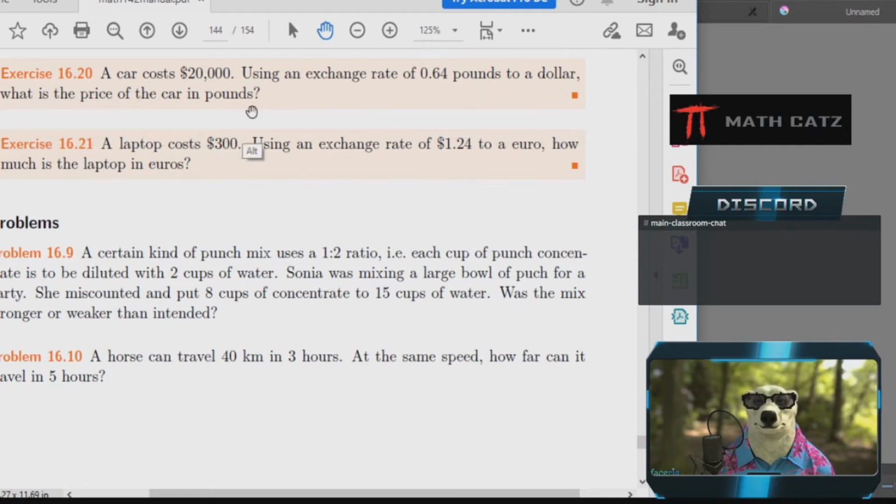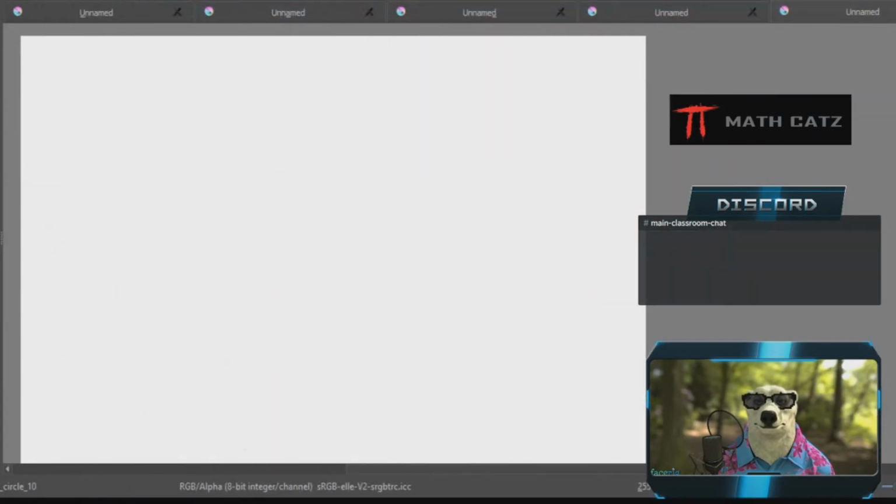What is the price of the car in pounds? That might be an important question. Whether you're a car dealer or you are traveling and looking for the best place to buy the car, whatever it is, exchange rate issues come up very frequently.